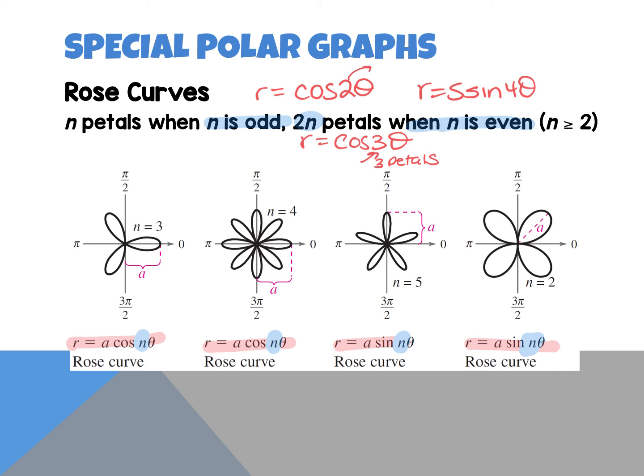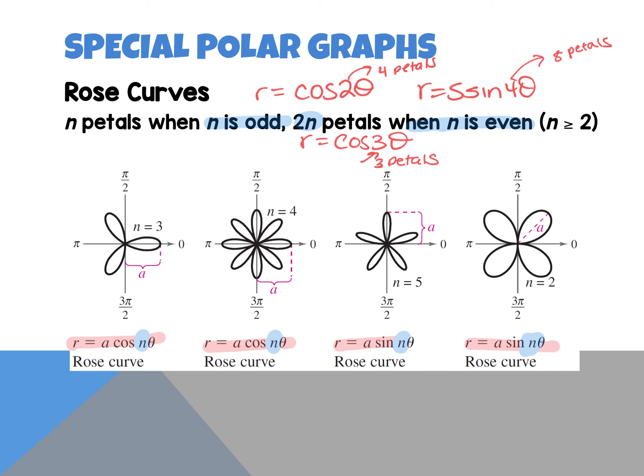So with 2 theta, this would have 4 petals, and with 4 theta, this would have 8 petals. Again, if there's a number next to the theta, we know it's a rose. If that number is even, we double it to get the number of petals. If it's odd, we keep it the same.